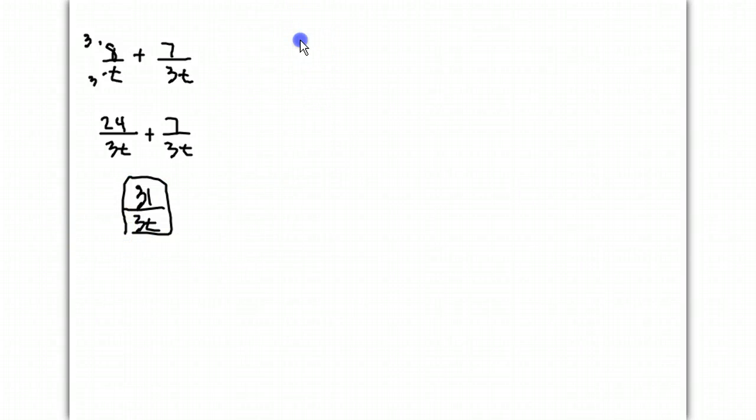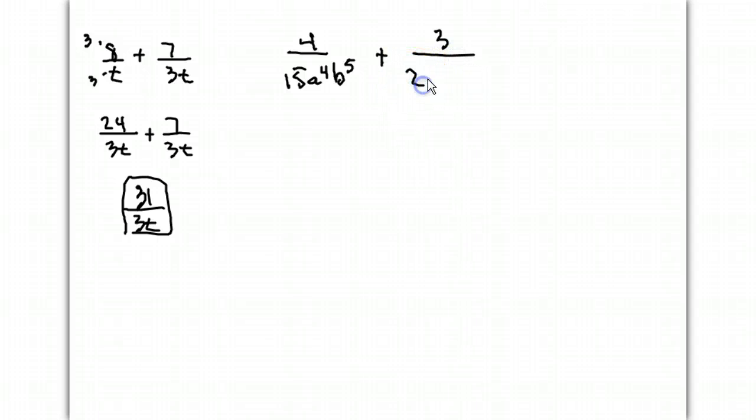Okay, let's say you have 4 over 15a^4 b^5, and you want to add that to 3 over 20a^2 b^6. So you look at it, and the common denominator of 15 and 20 is 60.